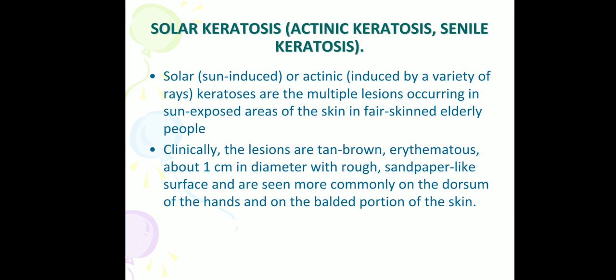Clinically, the lesions are tan brown erythematous about 1 cm in diameter with rough sandpaper-like surface and are seen more commonly on the dorsum of the hand and on the balded portion of the skin. So solar keratosis is multiple lesions occurring in the sun-exposed skin in fair-skinned elderly people. And clinically it is tan brown erythematous about 1 cm in diameter.